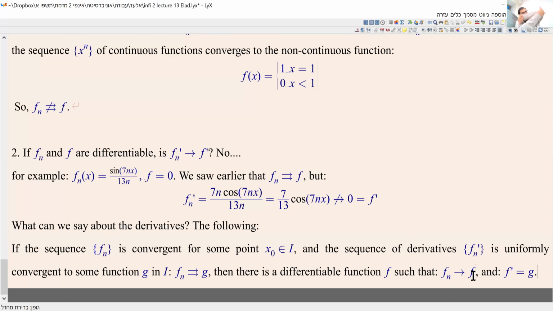So going backward: if I know that fn' converges to some function, then fn also converges, and converges to the antiderivative of the function you know about fn'.